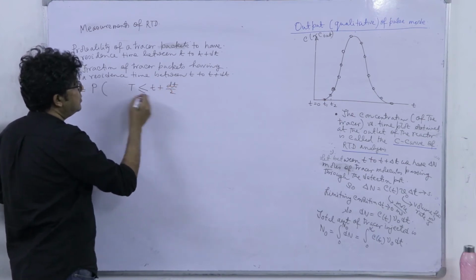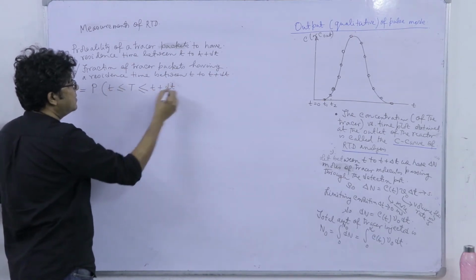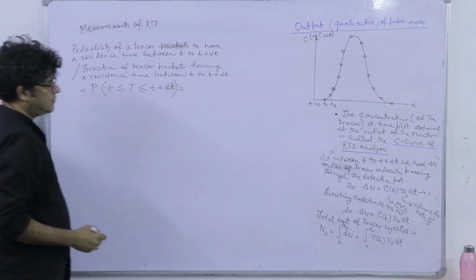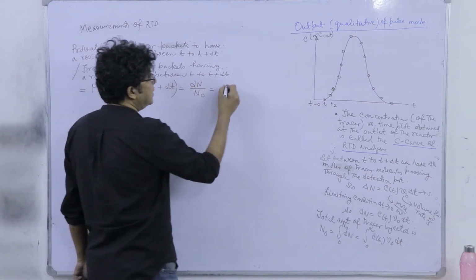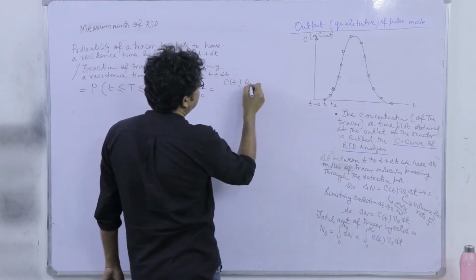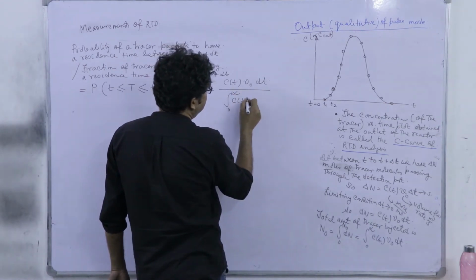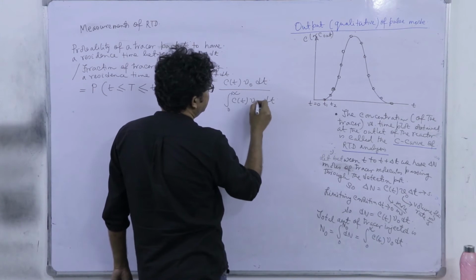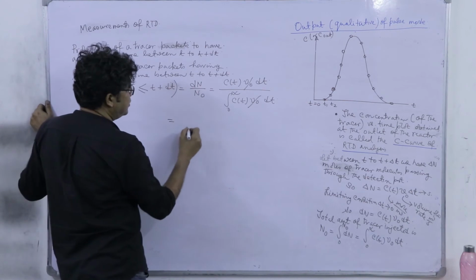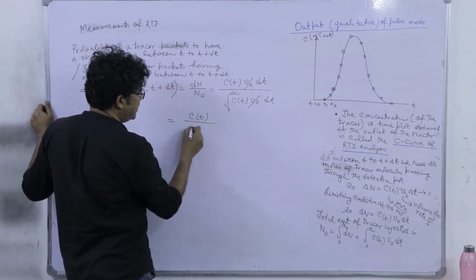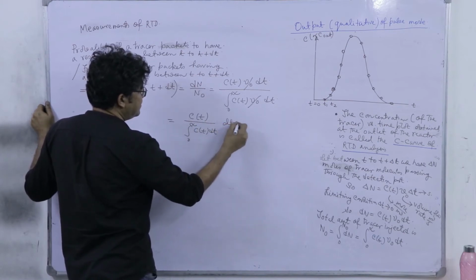So, what is that fraction? It is equal to dn by n naught, and dn is Ct into V naught into dt, denominator is 0 to infinity Ct into V naught into dt. So, this cancels out. So, what do we get? This probability is equal to Ct divided by 0 to infinity Ct dt into dt, right.